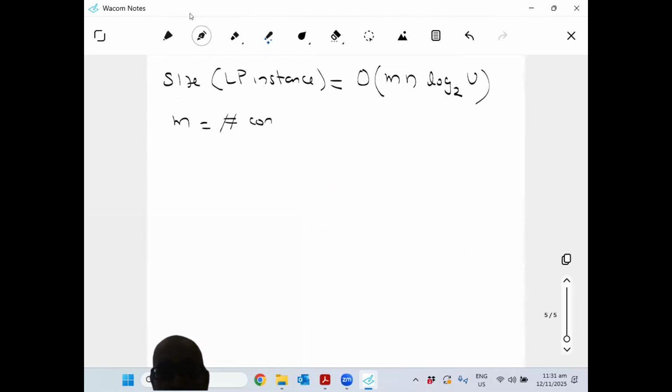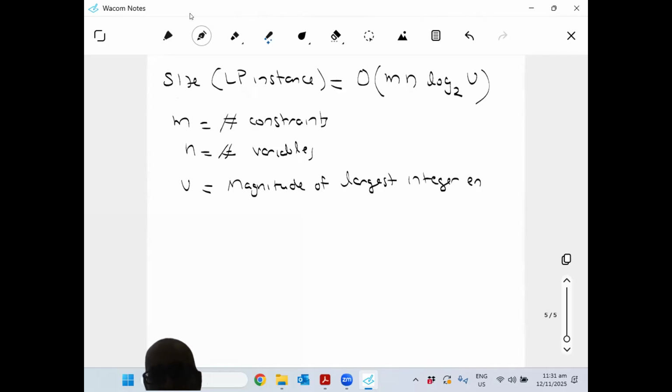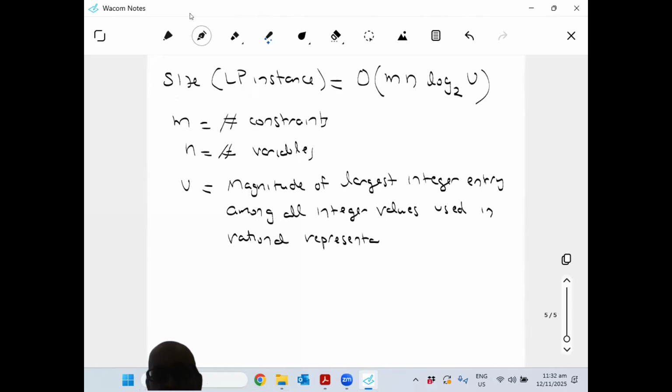M is the number of constraints, n is the number of variables, and U is the magnitude of the largest integer entry among all integer values used in the rational representation of the entries of A, B, C.